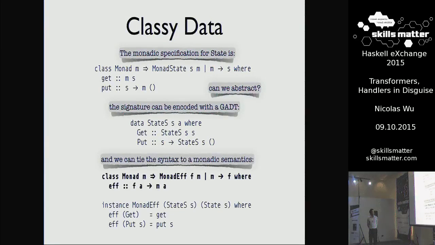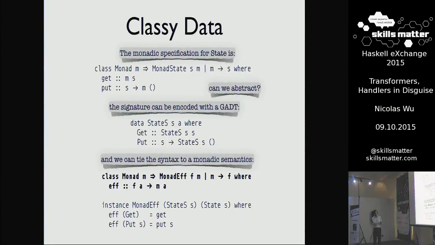And what we really want to do as well is tie that syntax that we've just created with the GADT to a semantics. What is the meaning of this piece of syntax that we've got? And so here we can introduce a new class, which I'll call MonadF, which is the monad that gives an effect to a piece of syntax.